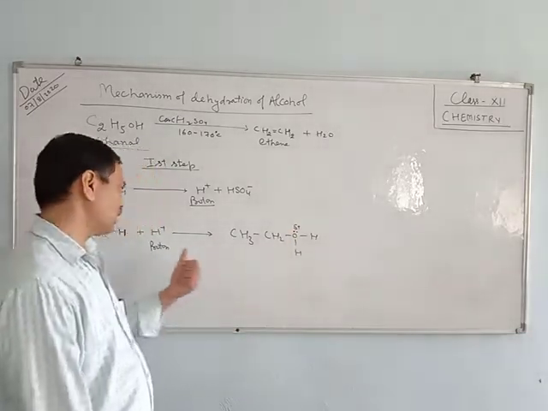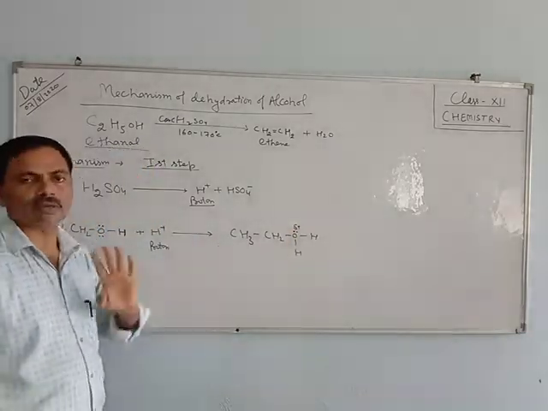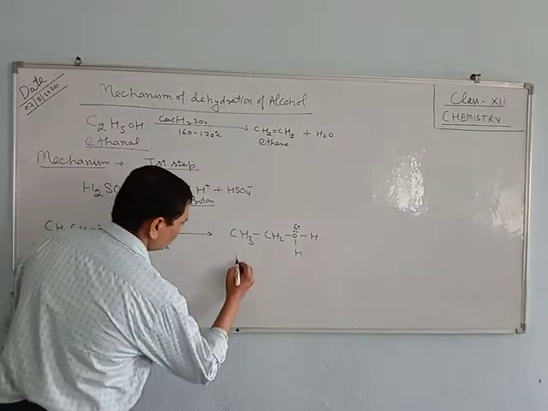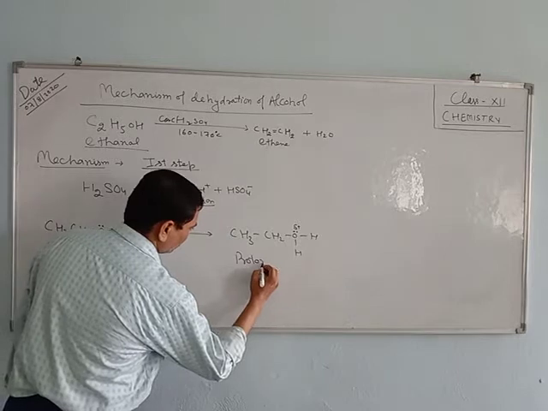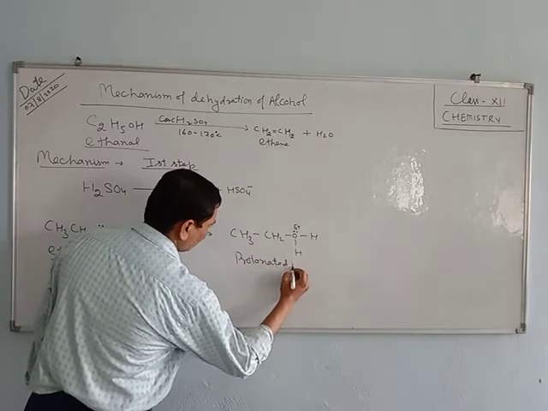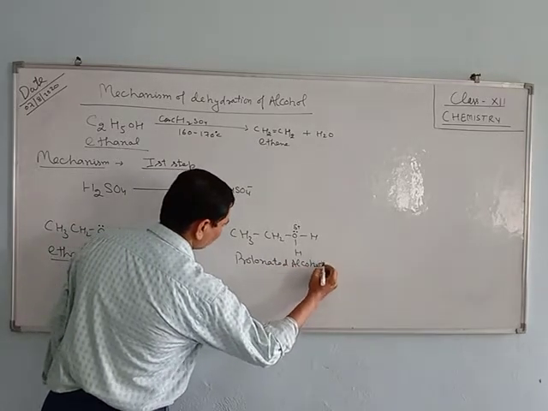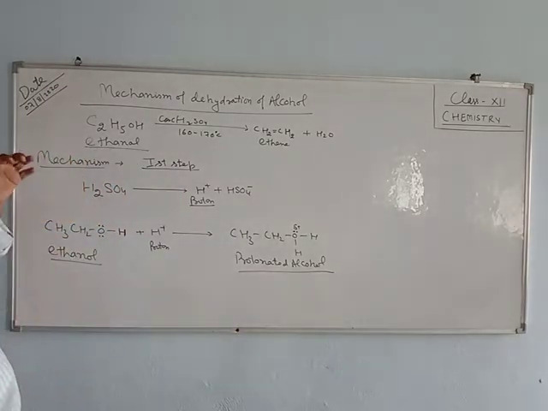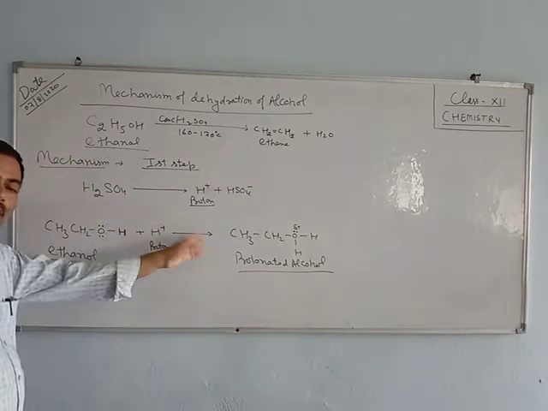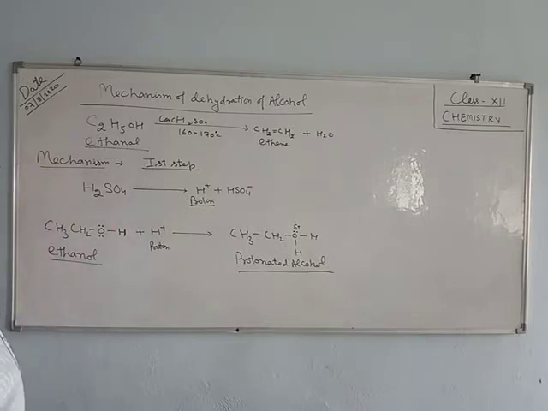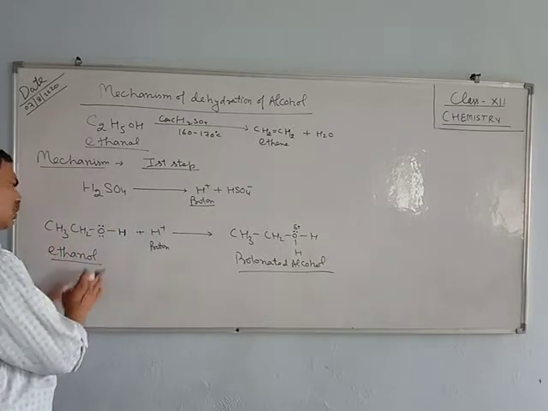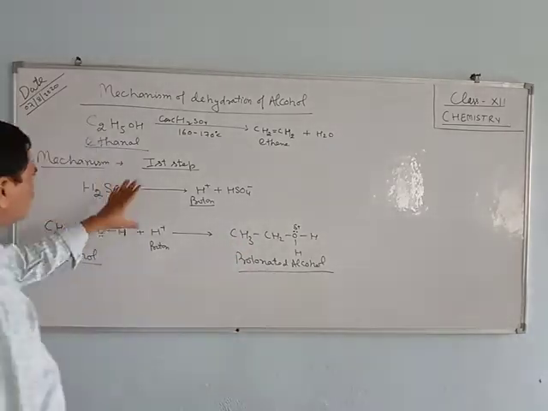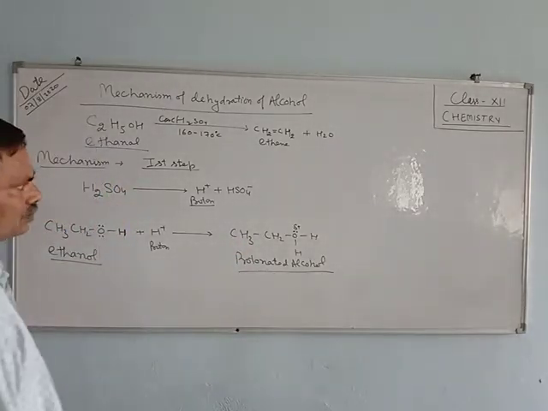There are 2 lone pairs of electrons here, and there is a deficiency of 1 lone pair of electrons. It is called protonated alcohol. In the first step, ionization of sulfuric acid takes place and the proton attacks the ethanol to form the protonated alcohol. This is completed in the first step.